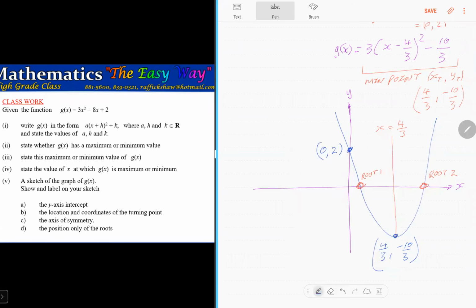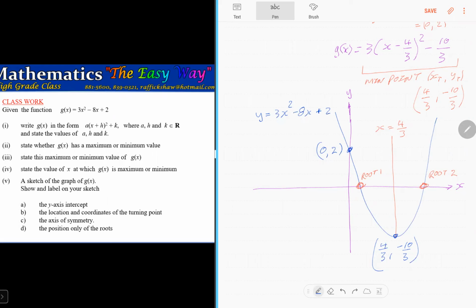This curve is a curve g of x, or let's call it y. y equals 3x squared minus 8x plus 2. That's the equation of that curve. In other words, all points on this curve satisfy that equation.